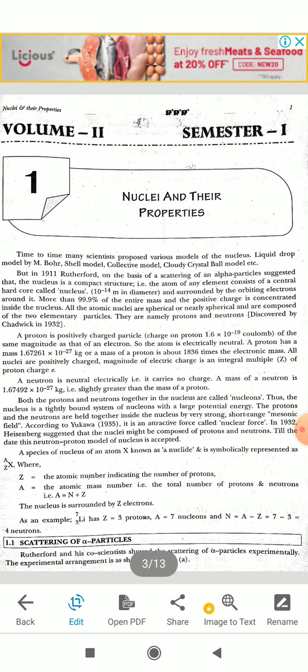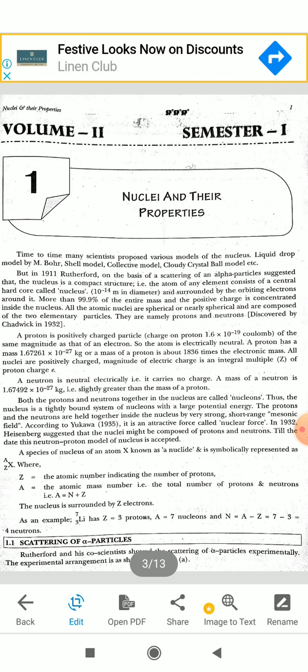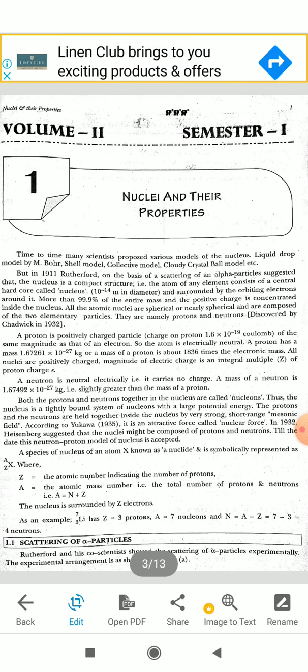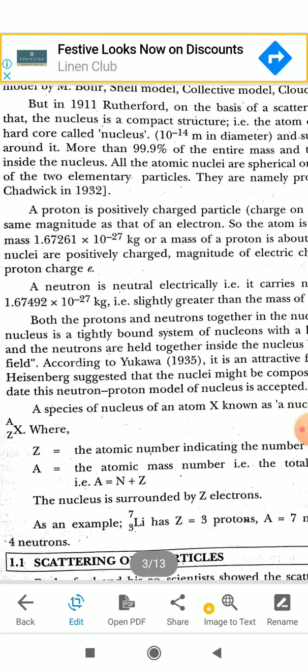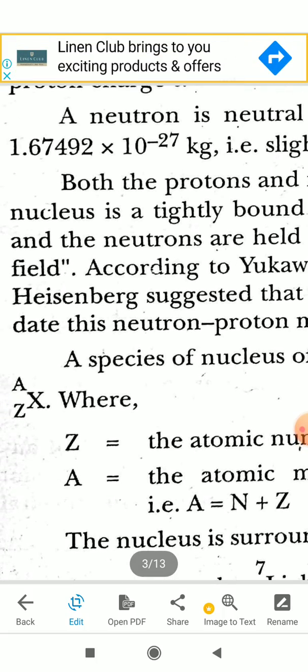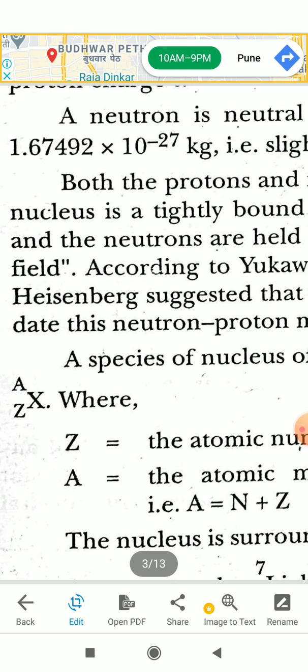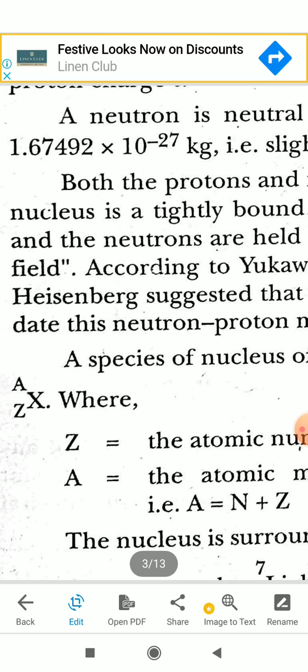In the first lectures we have seen that any nucleus can be represented symbolically as X, with Z at the base, which is the proton number, and A, which is the mass number.